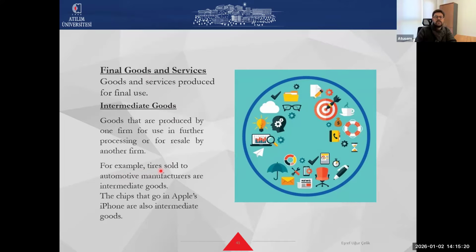That's why tires are an intermediate good, but the automobile is a final good. Or let's think about the iPhone. iPhone is a final good. When we produce the iPhone, we use chips. Those chips help to produce the iPhone, so chips are not a final good, they are an intermediate good.